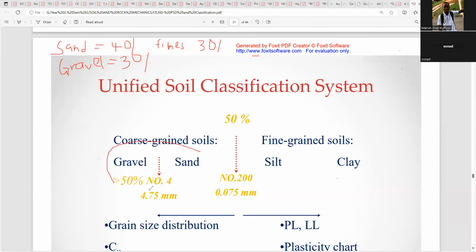The sand and the gravel. Please, have you seen it? Yeah. So if you want the coarse grained, you just add the sand and the gravel. So sand plus gravel.